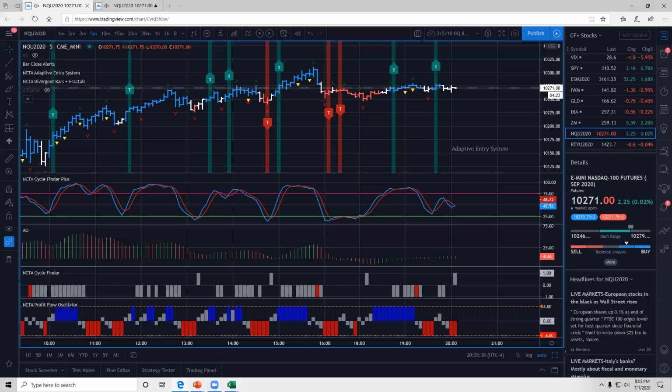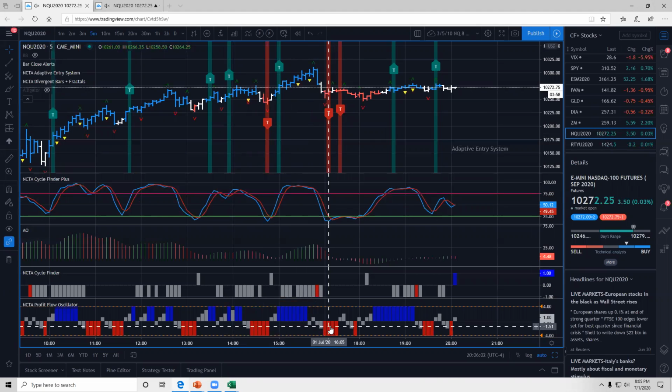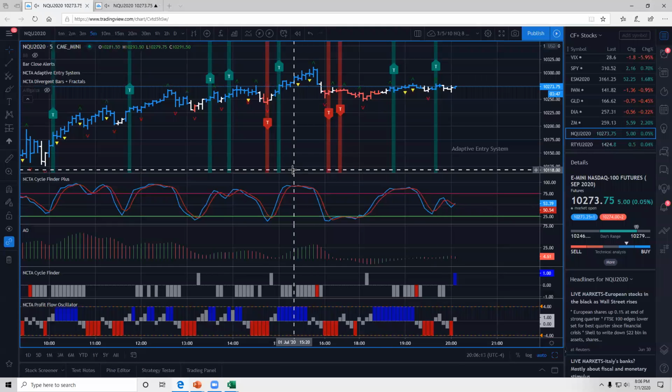But in terms of this system, I think it's going to be very, very simple for most any level of experience to use, because we've made it very simple just in terms of highlighting the entries, color coding the trending, and you're going to see that there's very clear alignment now between Cycle Finder Plus and 2 to 3 other indicators. So I think that you would do very well, Latoya, but I don't know what your level of trading experience is, options, futures, but for the adaptive entry system specifically, I think it's very user-friendly.